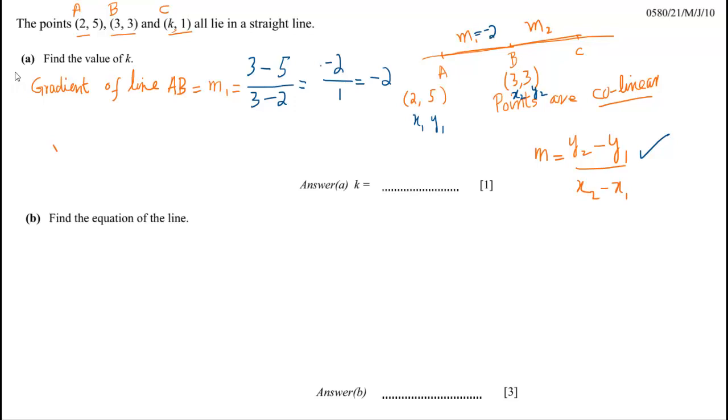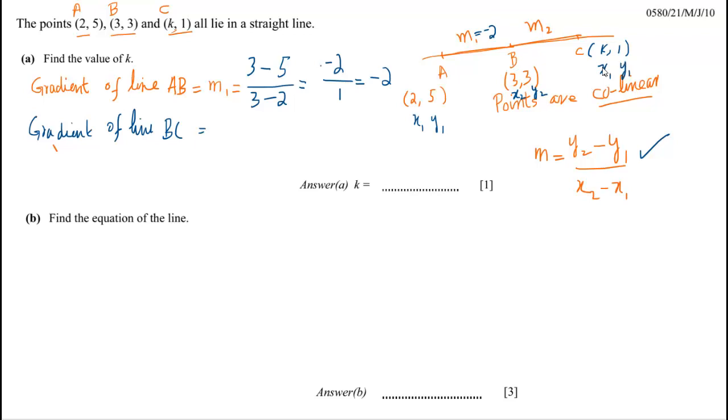Now let's calculate the gradient of line BC using the same formula. The C is (k, 1). So let me take this BC now. It is x2, x1. So now take this x1, y1.